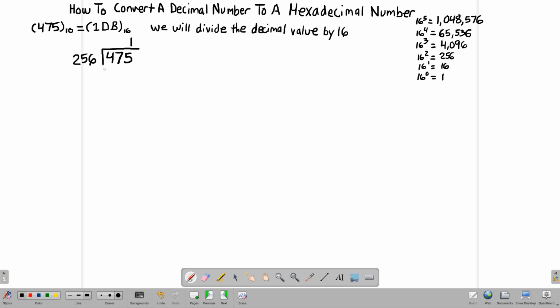And then we have 256 times 1 equals 256. So now we take 475 and subtract 256. And this will leave us with a value of 219.